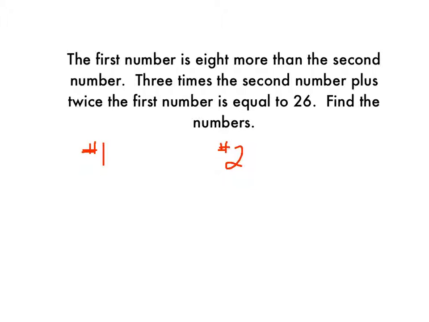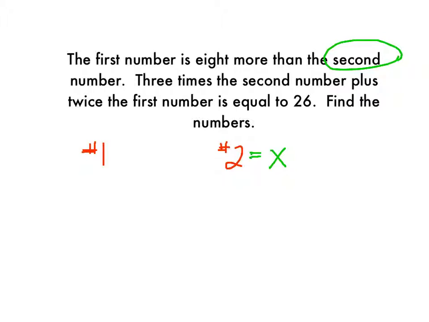So I go back to the original problem, and it says the first number is 8 more than the second number. So I have this second number here that's being related to. That makes the x, or the missing value, the second number. Whatever is going to be related to that should have the addition, multiplication, or subtraction a part of that.